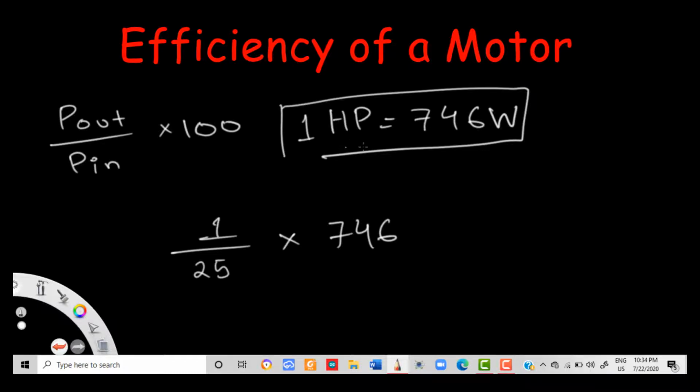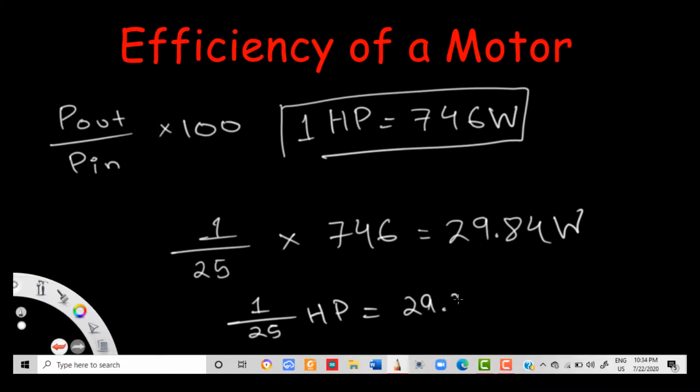If 1 horsepower equals 746 watts, then 1/25th will equal 1/25th horsepower times 746. If you do that, you get 29.84 watts. So 1/25th horsepower will equal 29.84 watts of power. So this is mechanical and this is electrical.